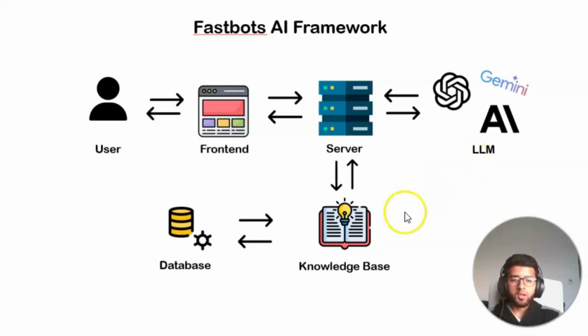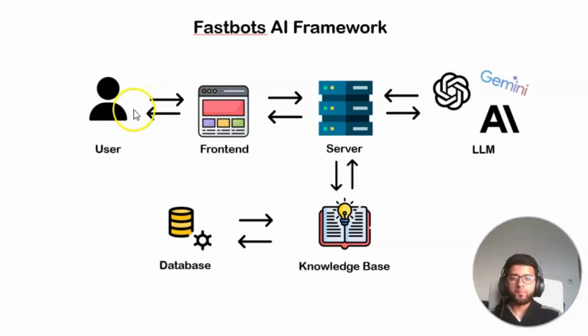Then we have the knowledge base, which is the information about your business that you feed into the chatbot. The database also stores information just like the knowledge base, and it automatically gets stored from the knowledge base into the database. Now let's actually look at how the data is being moved.